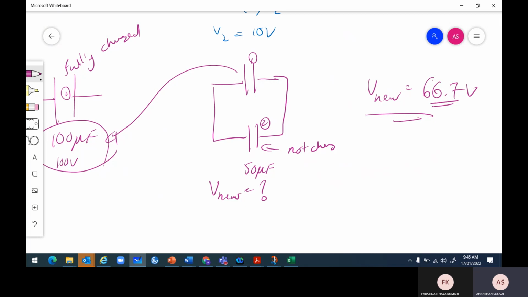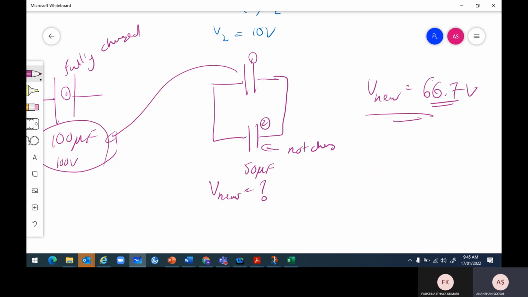The effective capacitance, two capacitors together, how much is the total capacitance now? 150. So why not series? Because the voltage becomes the same, and voltage is the same only for parallel. Answer correct.